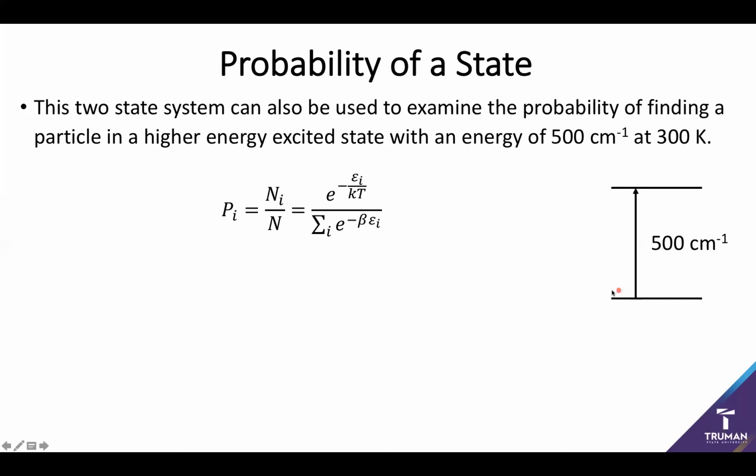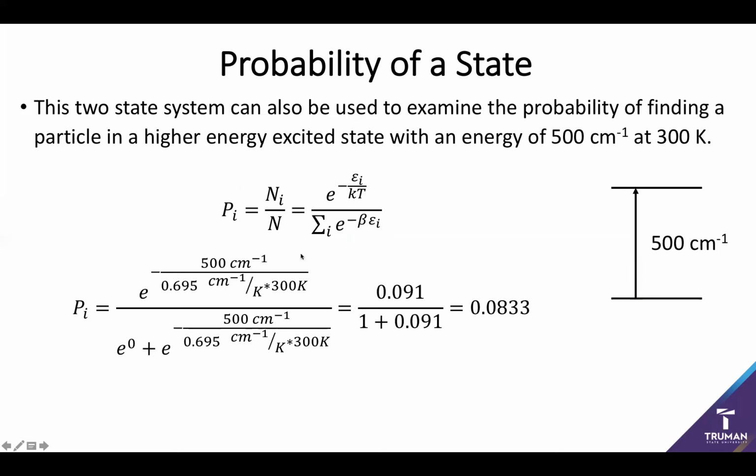Let's say I go from 50 inverse centimeters to 500 inverse centimeters. These are your classic carbon-carbon bends, which give you all that noise at the bottom of an infrared spectrum. So what's the likelihood that I'm going to occupy an excited carbon-carbon bend? Well, again, I can go back to my good old friend Boltzmann, plug in my value of 500 inverse centimeters, along with my original temperature of 300, and something very interesting happens.